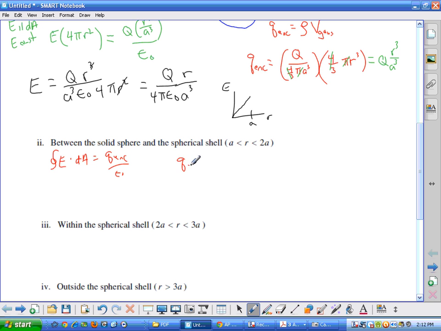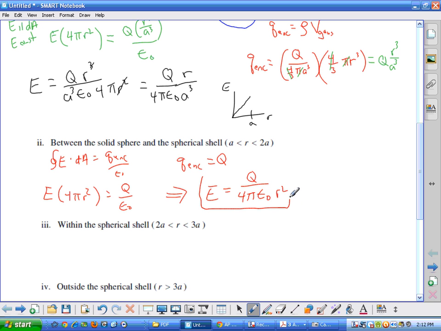Say explicitly that the enclosed charge is Q, and then again, since you've already shown the work before, it'd be okay to just say E times 4 pi r squared equals Q over epsilon 0. So this is going to give the electric field is Q over 4 pi epsilon 0 r squared, which is just the electric field of a point charge.